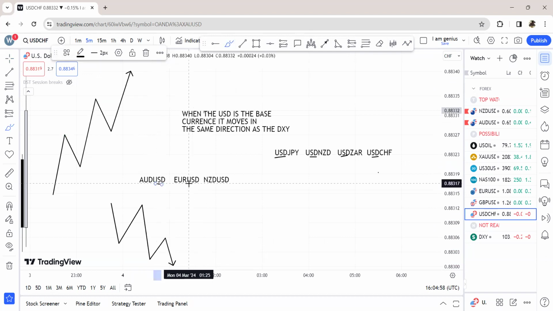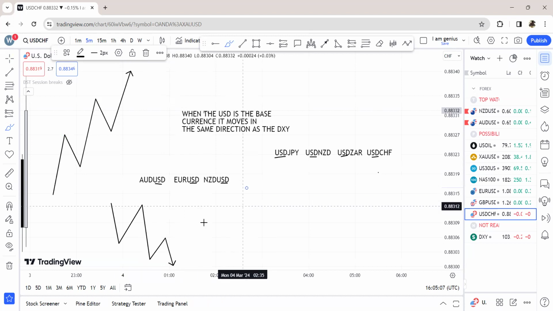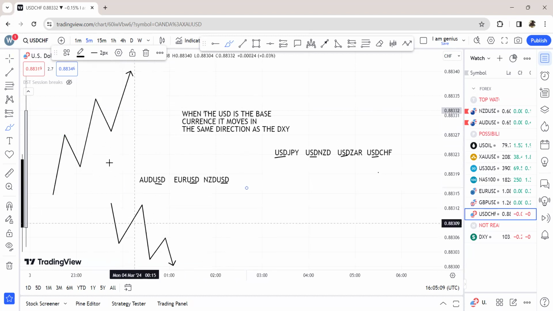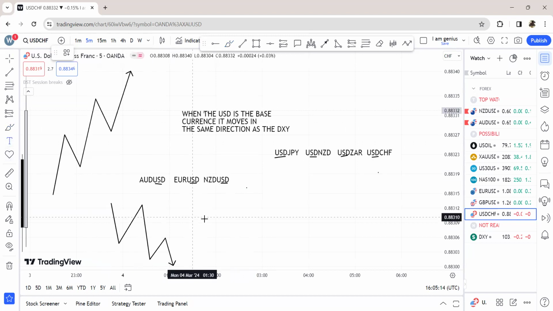By the way, this DXY only applies to currencies that have the US dollar in them. You've seen this, right? So these will have a negative correlation with the DXY. That means they'll be moving in opposite directions. You can see that.